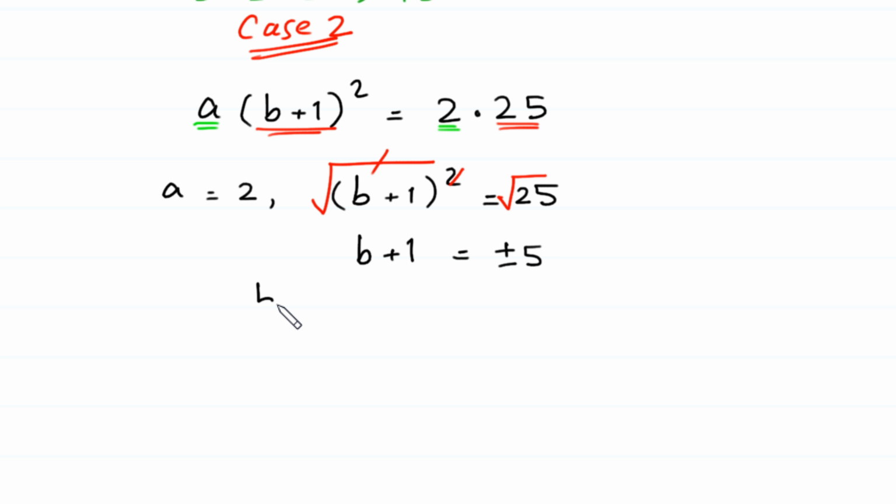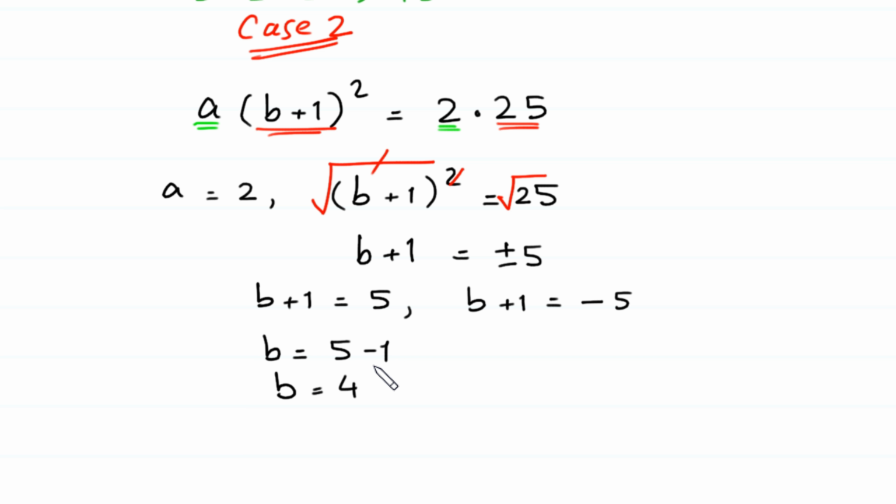From here b plus 1 is equal to positive 5 and b plus 1 is equal to negative 5. From here b is equal to 5 minus 1 and b is equal to 4. And from here b is equal to negative 5 minus 1 and b is equal to minus 6.